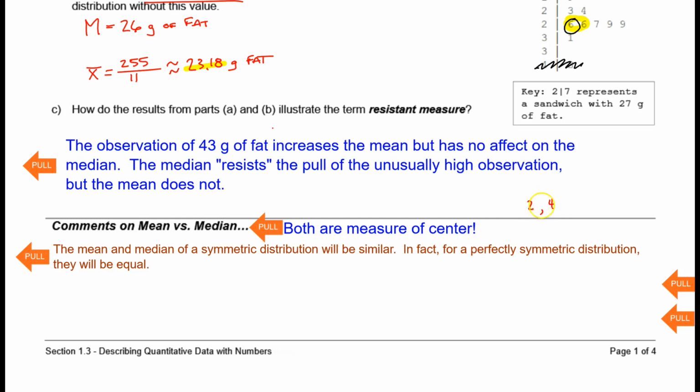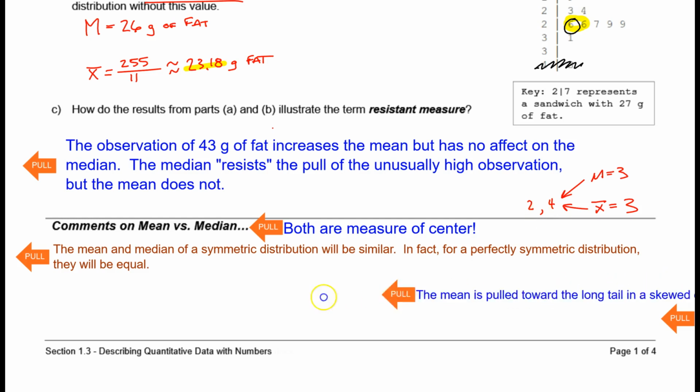I just have to average the middle two there. So the average of 2 and 4 is 3. So for this distribution, the median is 3. Well, what about the mean? Well, I just add those two up. 4 plus 2 divided by 2, that's 6 divided by 2, or 3. So again, if your distribution is perfectly symmetric, your mean and your median will be exactly the same.